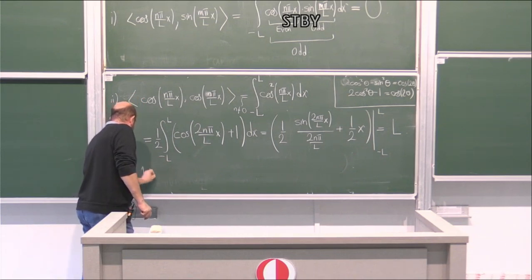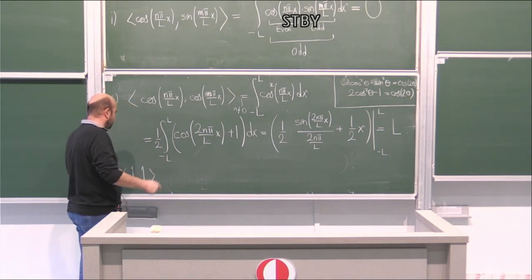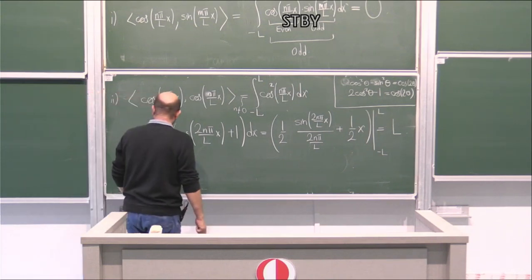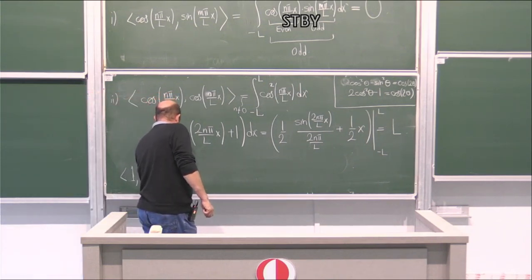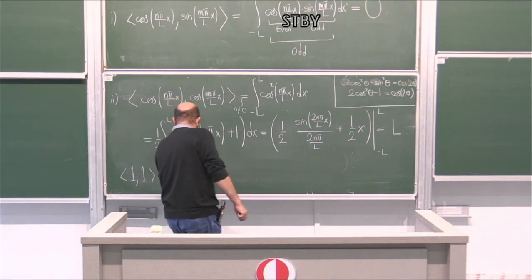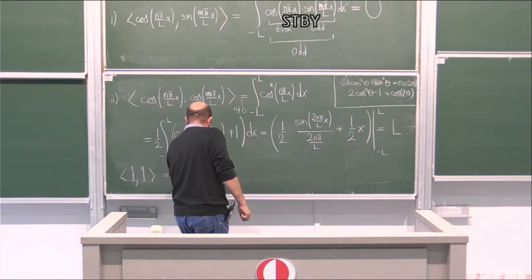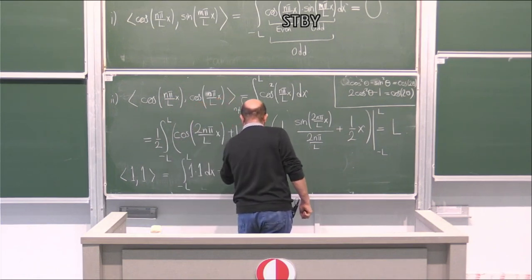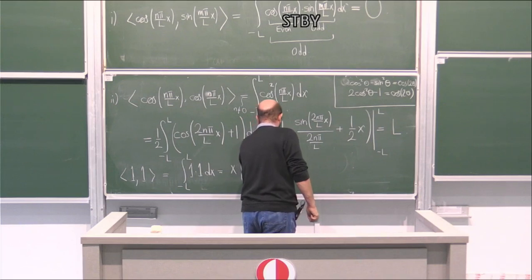If you have 1, 1, which means cosine 0 pi over L x, so this time 1 times 1 dx, we have x from minus L to L. So this is going to be 2L.